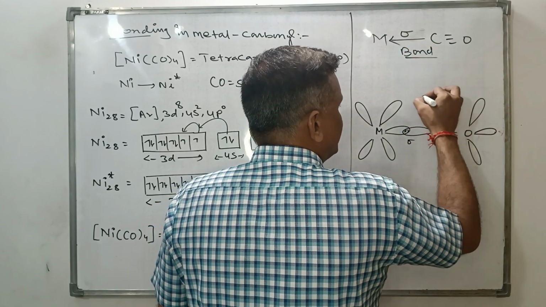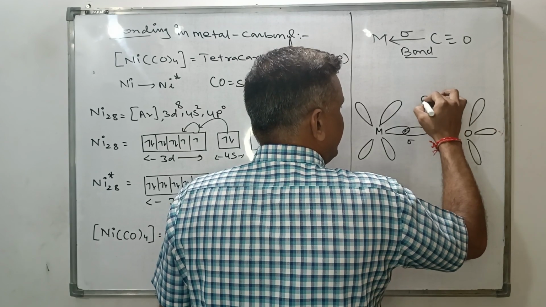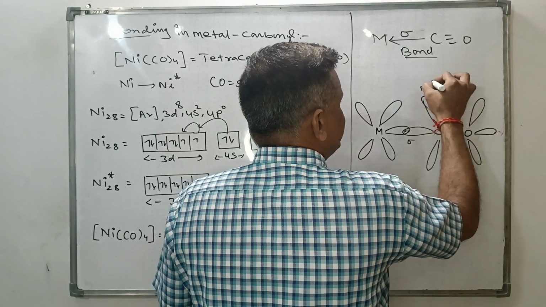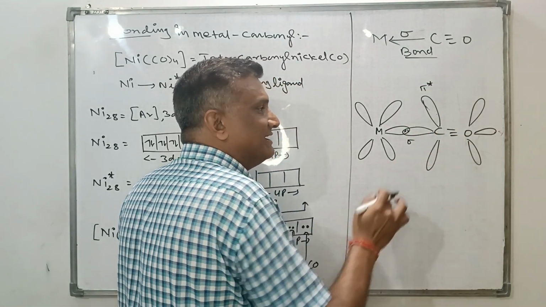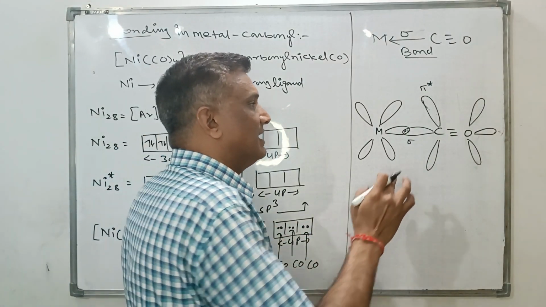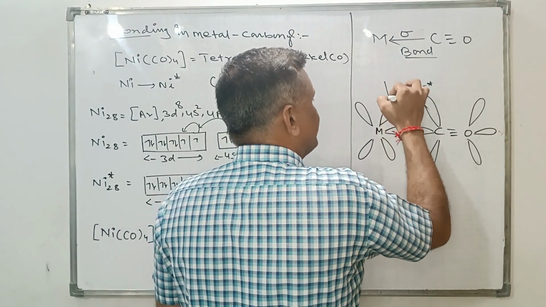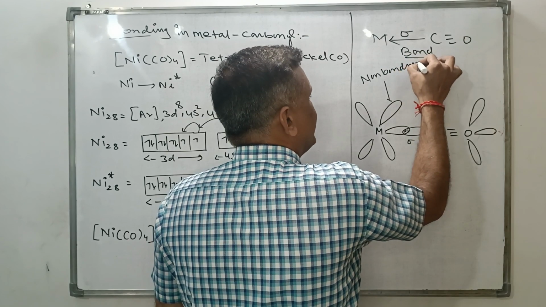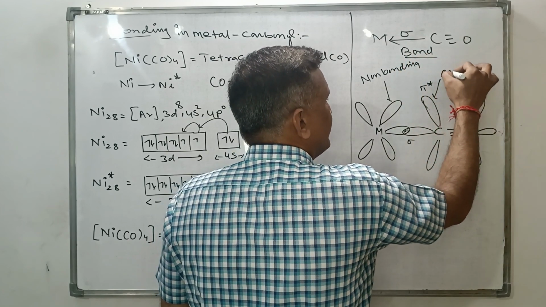But if you go further, then what is that? Just you can say the anti-bonding orbital of the carbon and non-bonding orbitals of the metal atom.